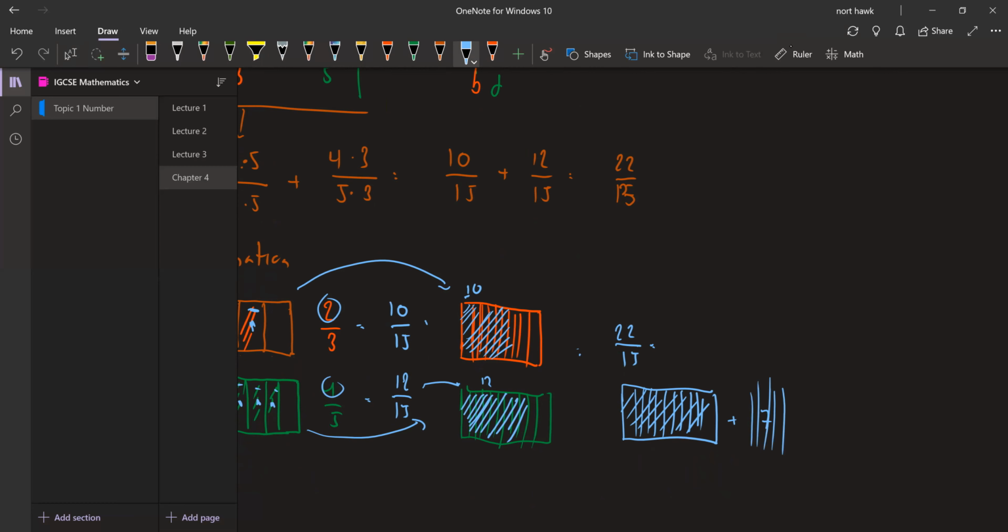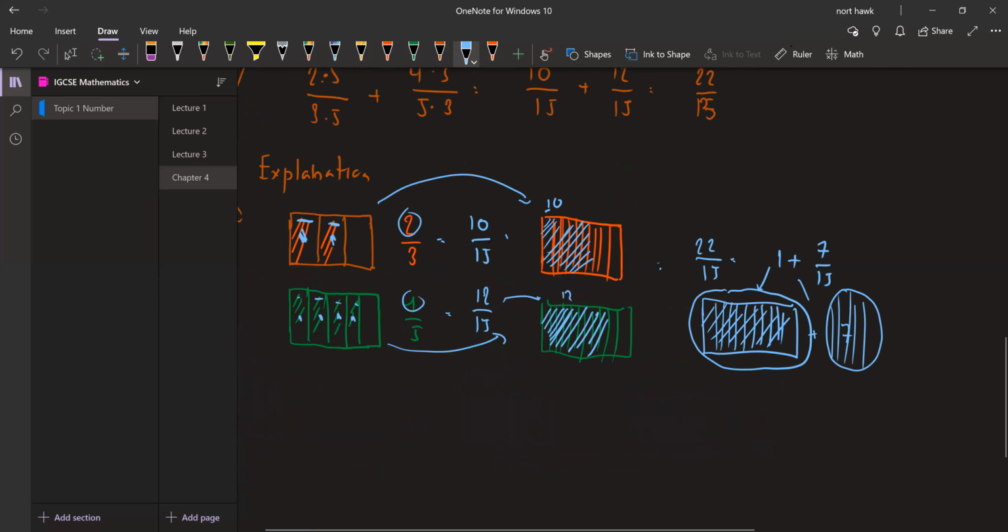This can also be written as 1 plus 7 over 15, because 1 is here, like 1 complete whole. It's added by the 7 pieces left. It's an extra, not enough space.